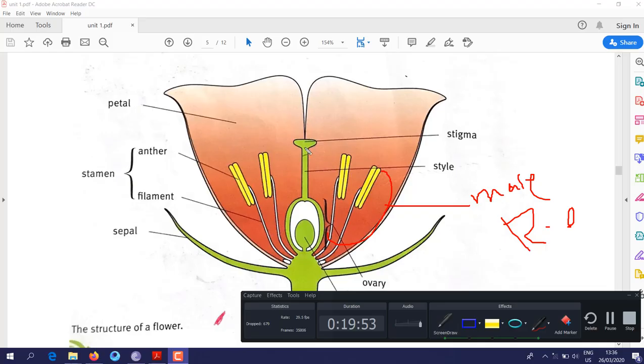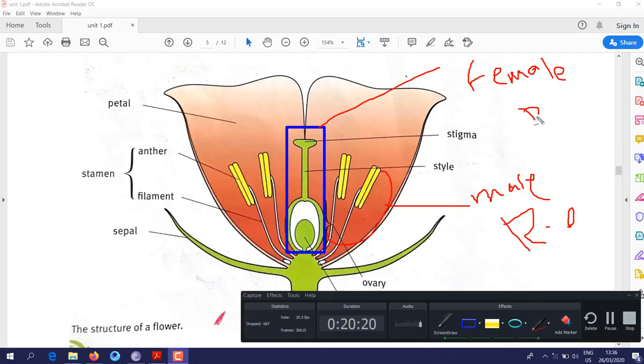And here, if you look at this part, this is the female reproductive organ.